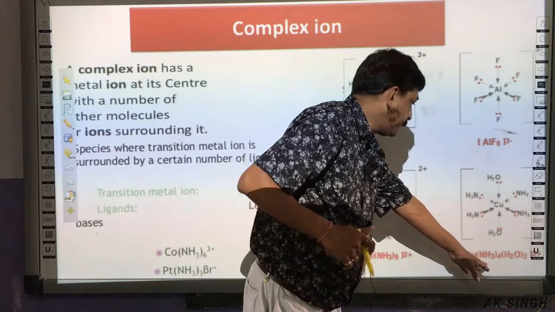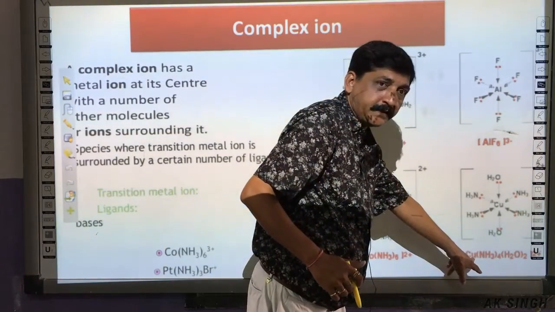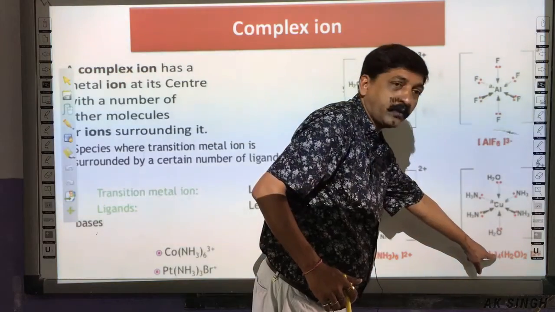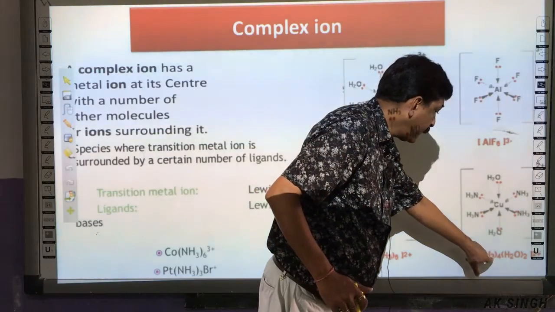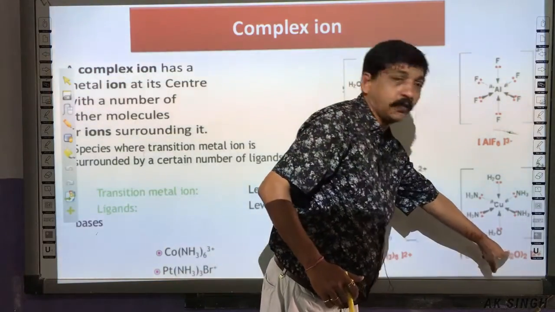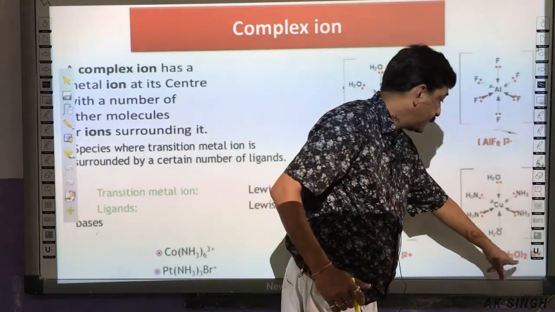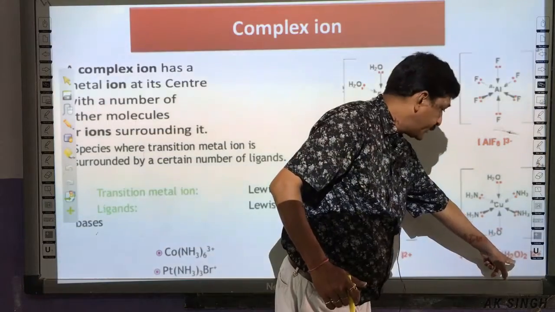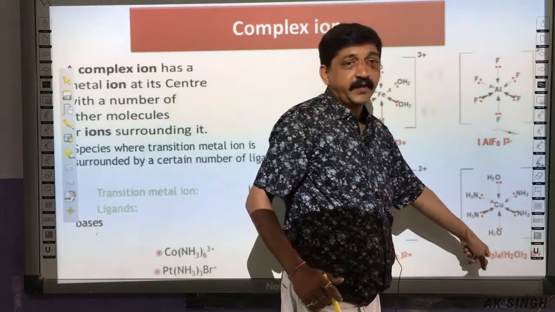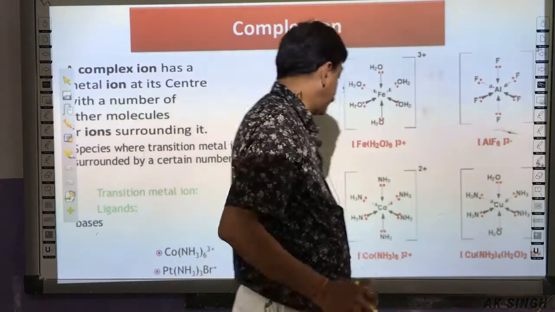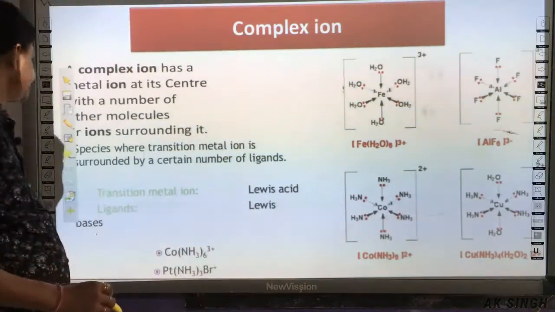Just look at this example. Copper is the central metal atom, with 4 NH3 ligands and also 2 H2O. So, in all, the coordination number will be 6. So, 4 neutral NH3 and 2 neutral H2O ligands get attached to the copper in this example.